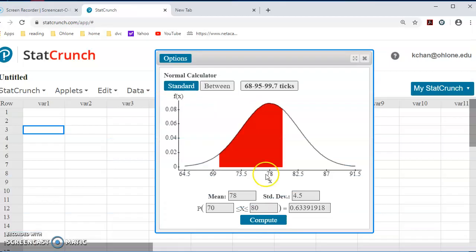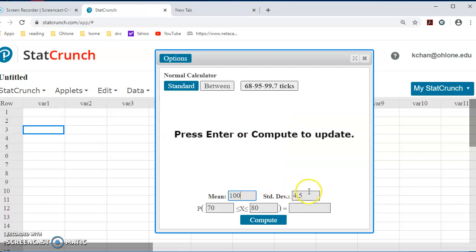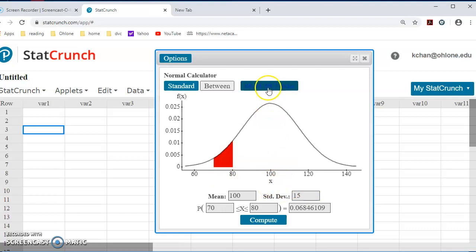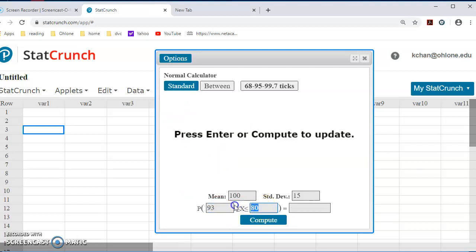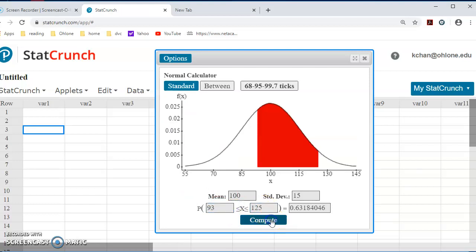So let's switch to stat crunch. Enter the mean and standard deviation. In this case, the mean is 100 and the standard deviation 15. Do the tick marks so they label them properly, and you say, well, I want to do 93 to 125. You compute, 63.18.